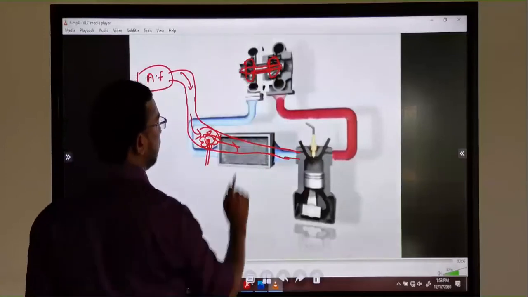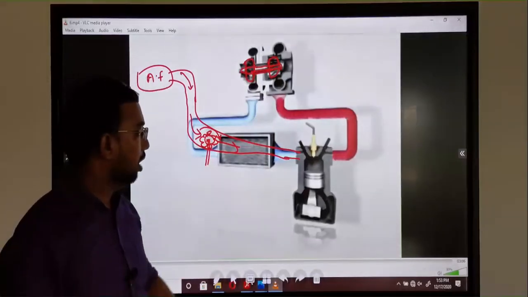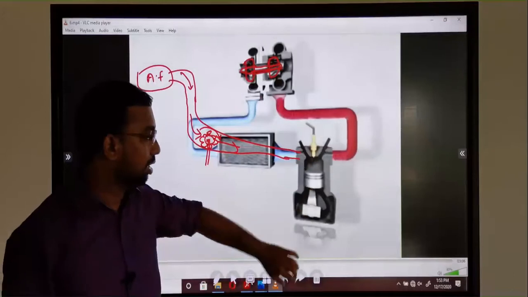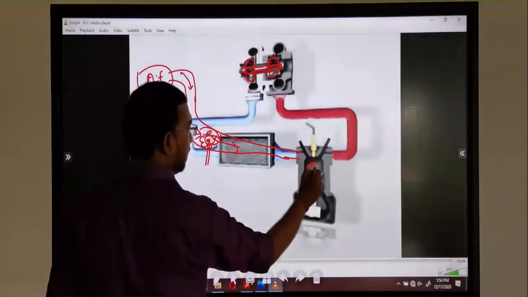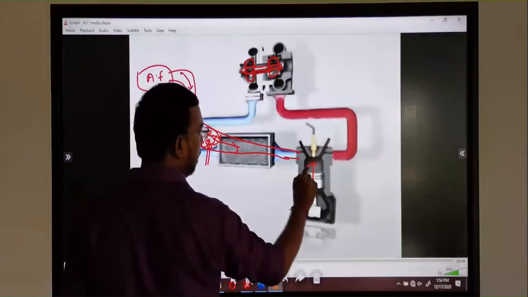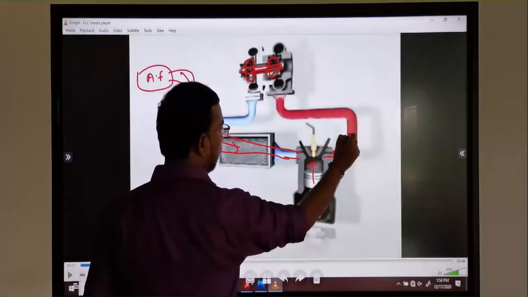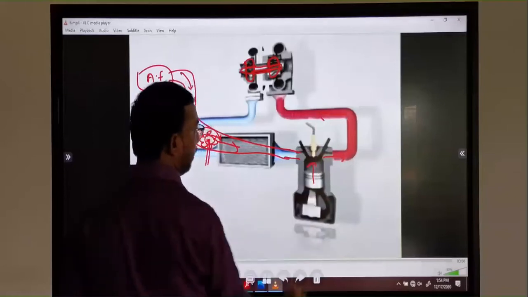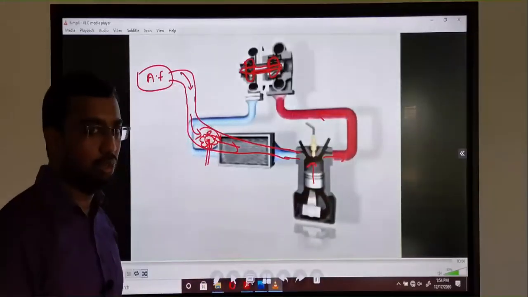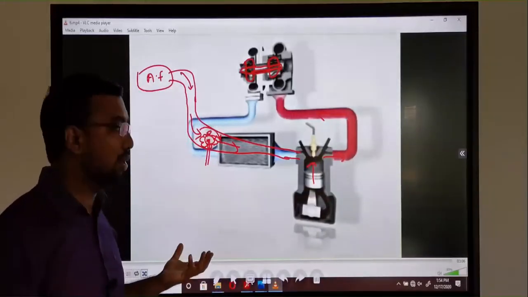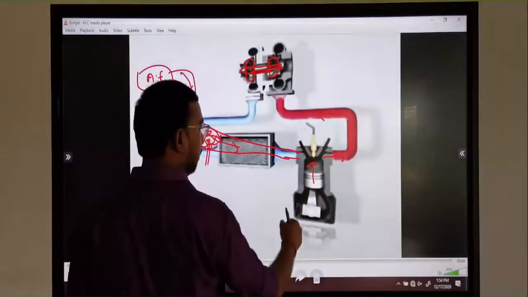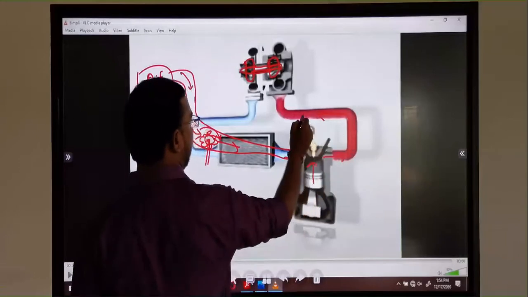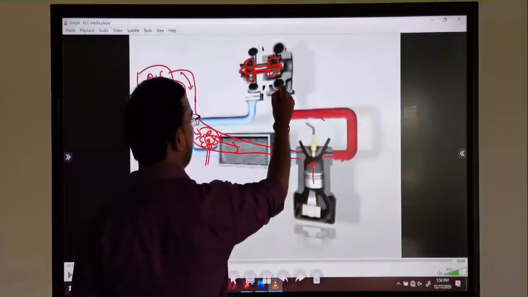Okay, so after this exhaust process, this piston pushes this air and this air exits through this line with a high force, because this piston pushes this air. Okay, what will happen? The air moves like this.